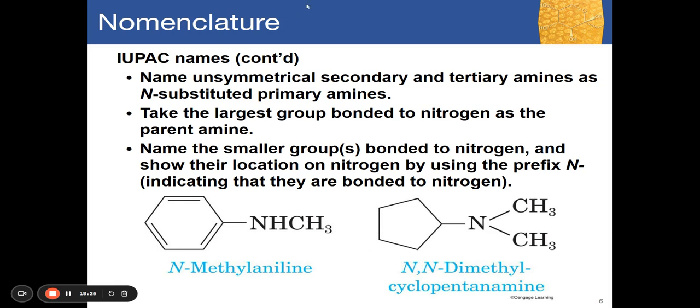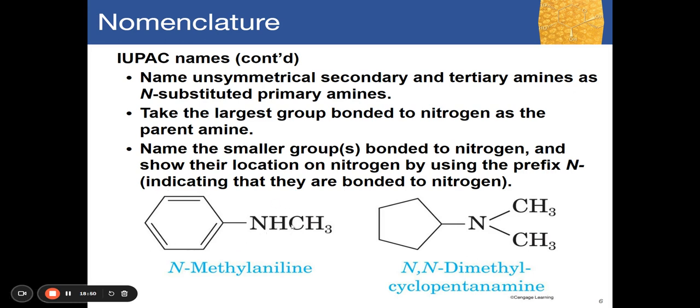According to this IUPAC naming, we take the largest group bonded to the nitrogen and siya yung magiging parent name or yung family name niya. In this case, we have the aniline. This one is an aniline, right? NH, then an aryl group.